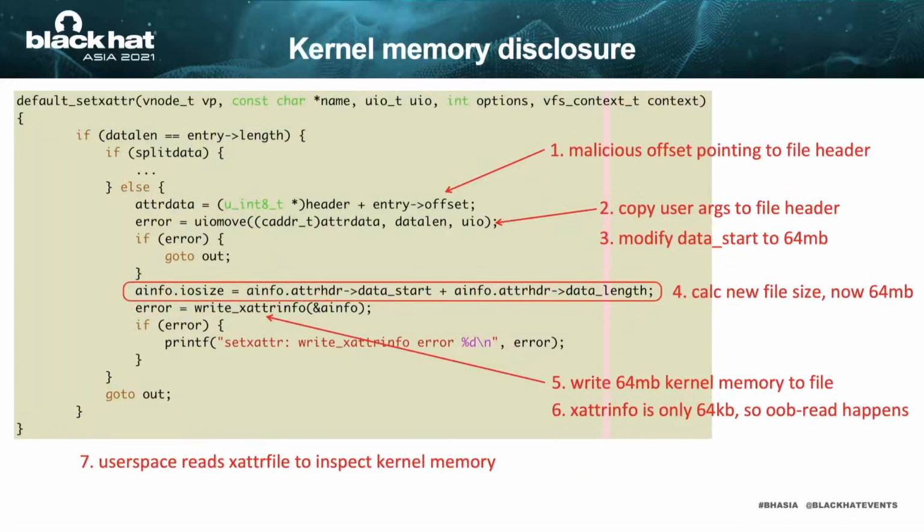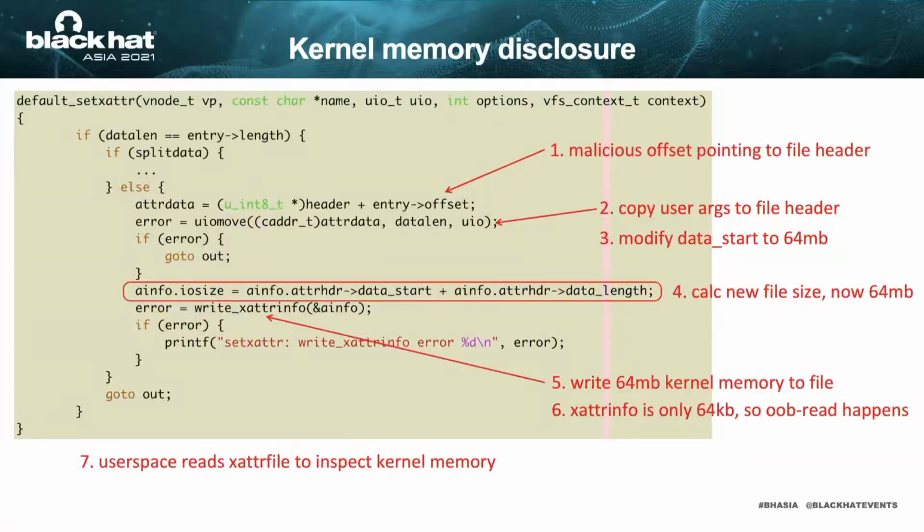When the set xattr operation is completed, the corresponding changes will be saved to the xattr file. The save operation is completed by write xattr info. Before writing the file back to disk, the file size will be recalculated, because when a new xattr is added or a longer xattr is set, the file size may change.